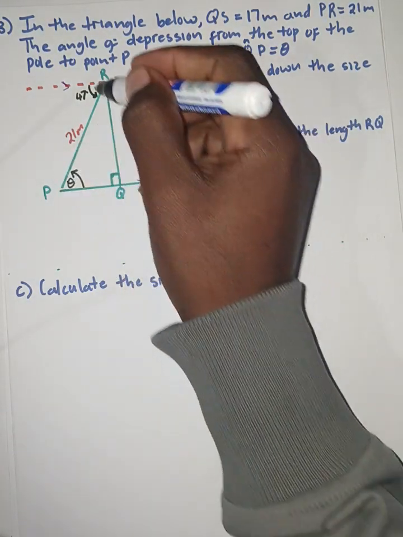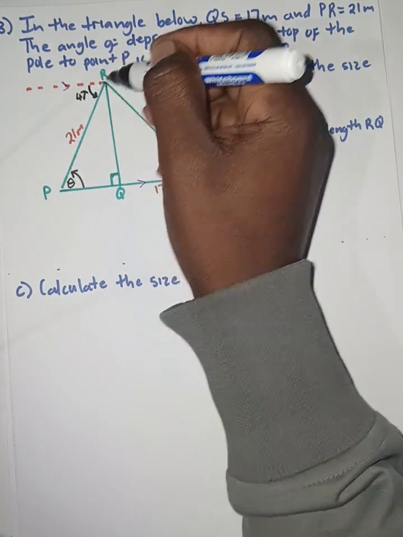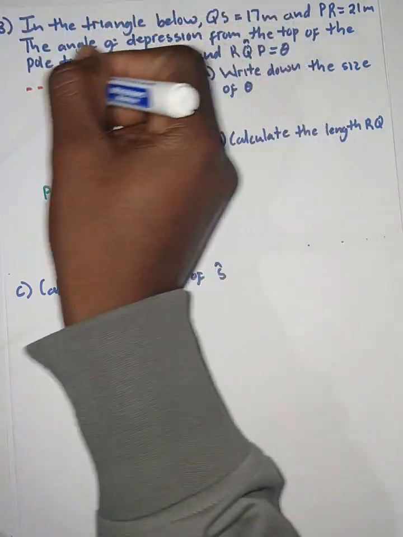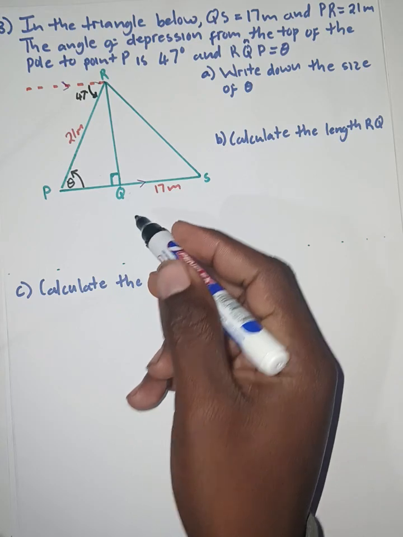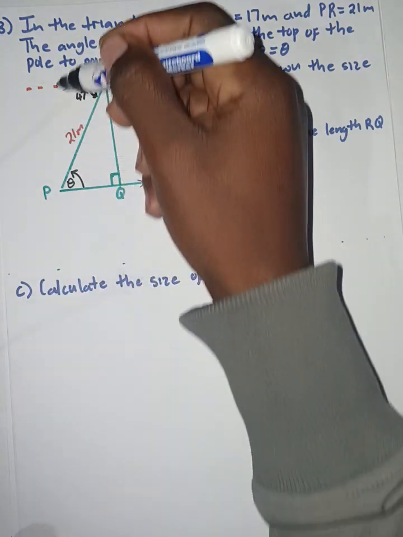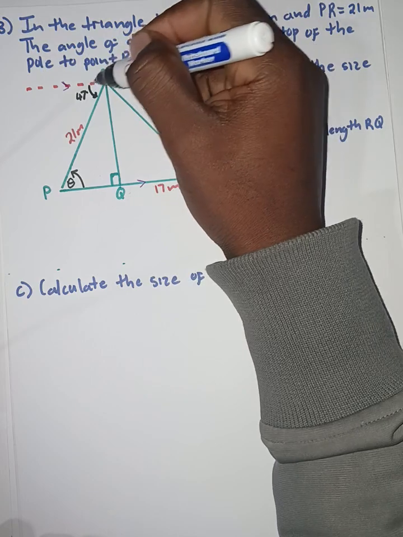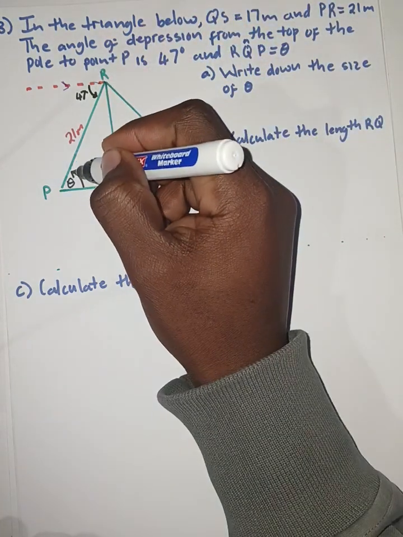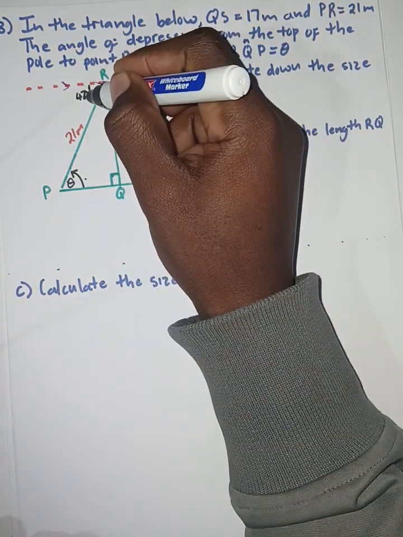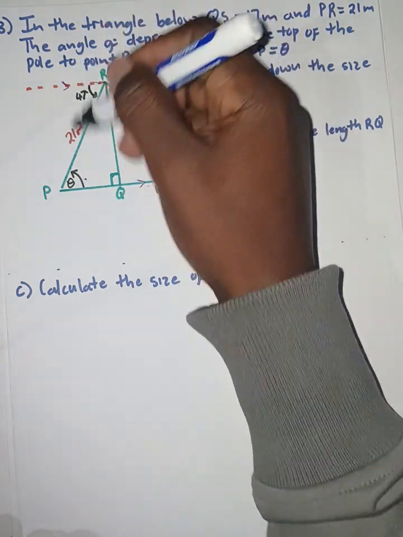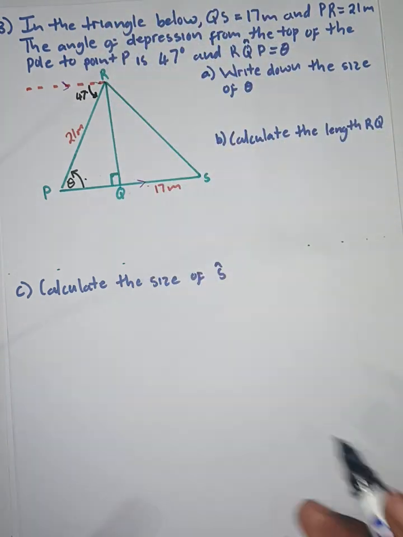Now that's the angle of depression there, so we would have a horizontal line there. If that line is horizontal, these two lines would be parallel. So we know that these angles would be equal, and the reason for that would be alternate angles, because these lines are parallel.